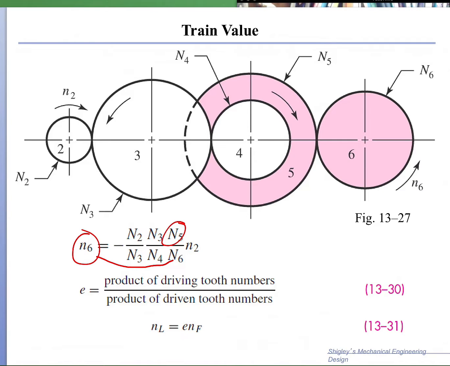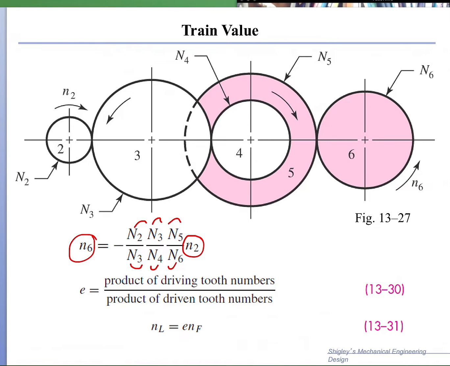So in this case, lowercase n6, the output, would be equal to the input RPM times the product of the driving tooth numbers divided by the product of the driven tooth numbers.